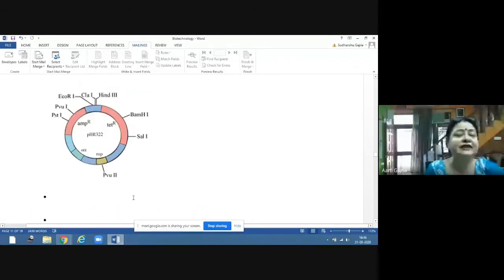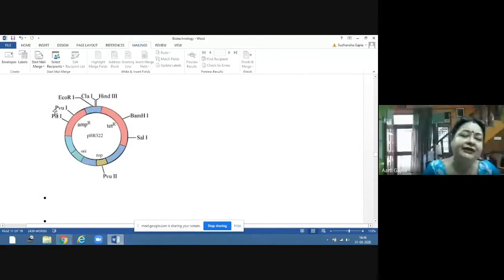Now we will see what the names mean. Like EcoRI, we know EcoRI is for Escherichia. We know how the naming is done. The first letter is the genus, the second and third are the species, the fourth is the strain, and the fifth is the Roman number, which is in the sequence of the discovery of that particular enzyme from the organism.